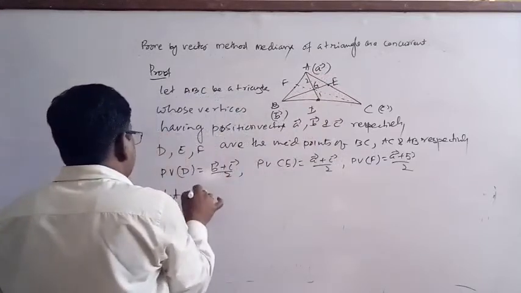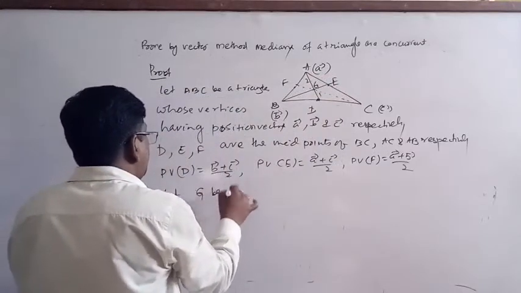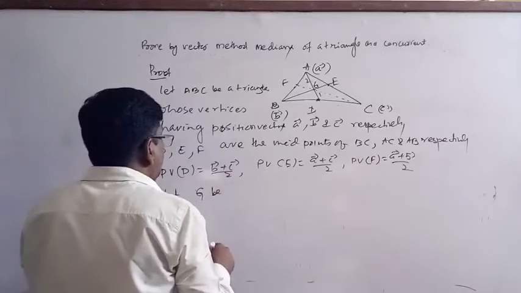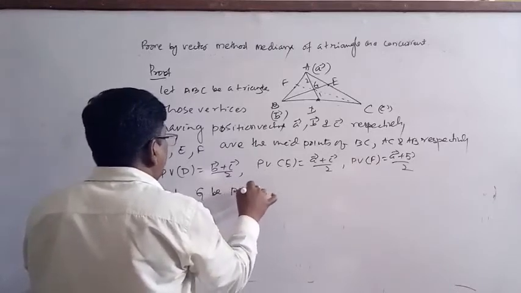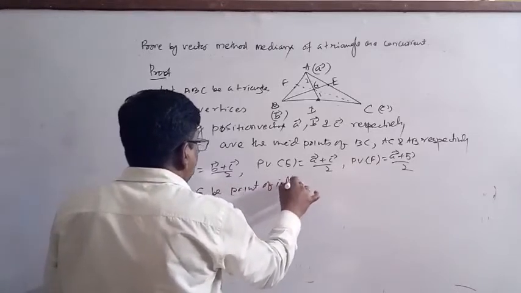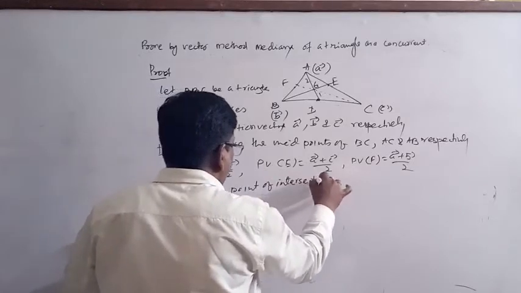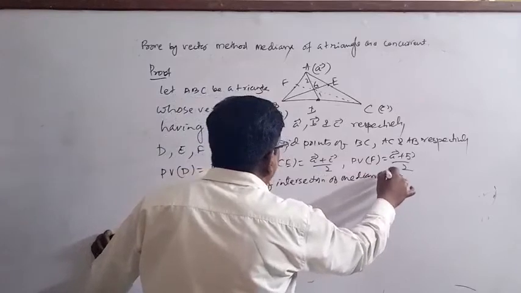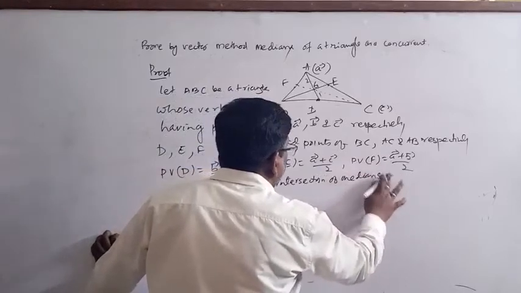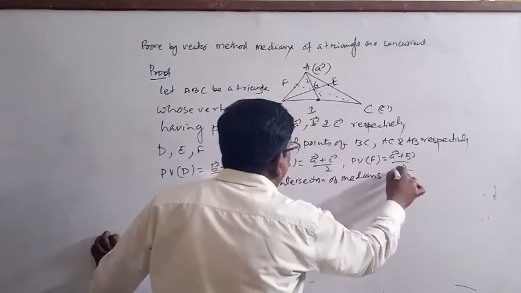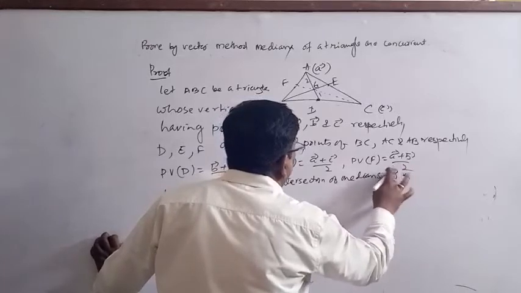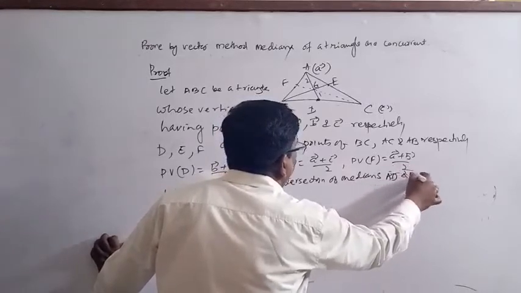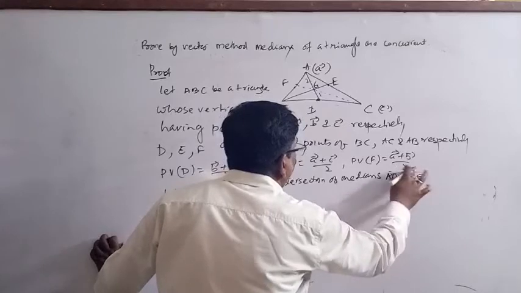Let G be the point of intersection of medians AD and BE.